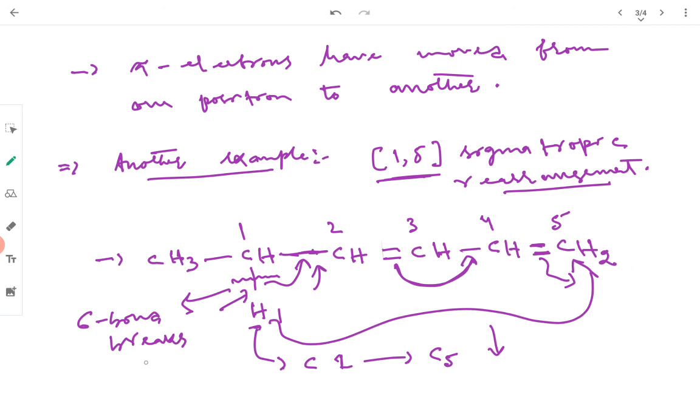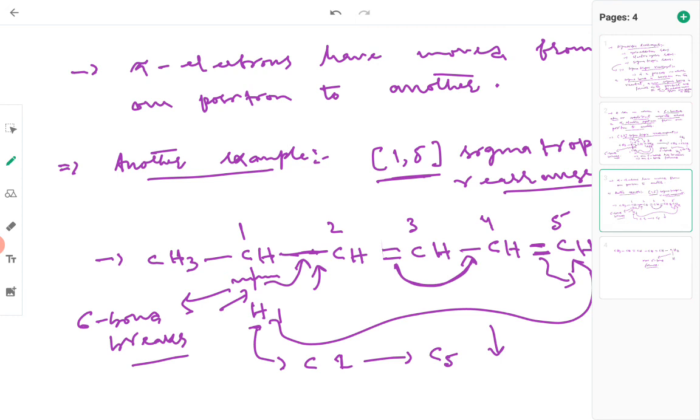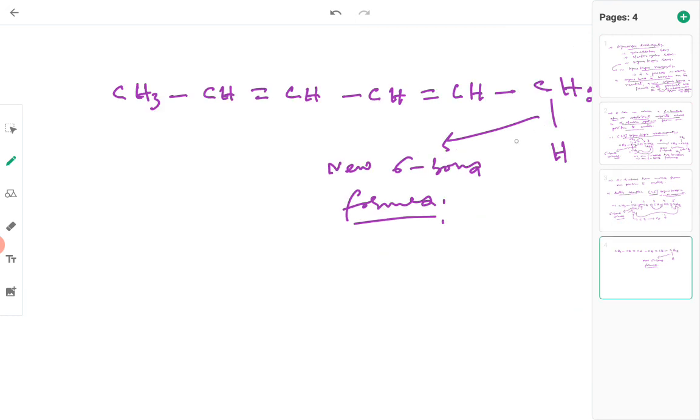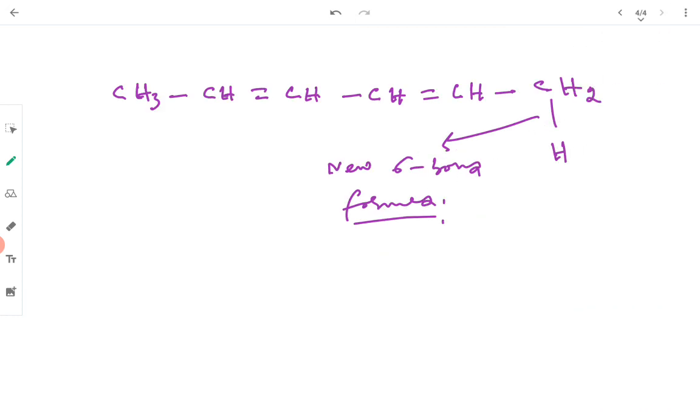So during all of this, one sigma bond has been formed and these pi electrons move, and as we have seen in the next slide, this new sigma bond has been formed. So these are all examples of sigmatropic reactions, or sigmatropic rearrangements as they are called.